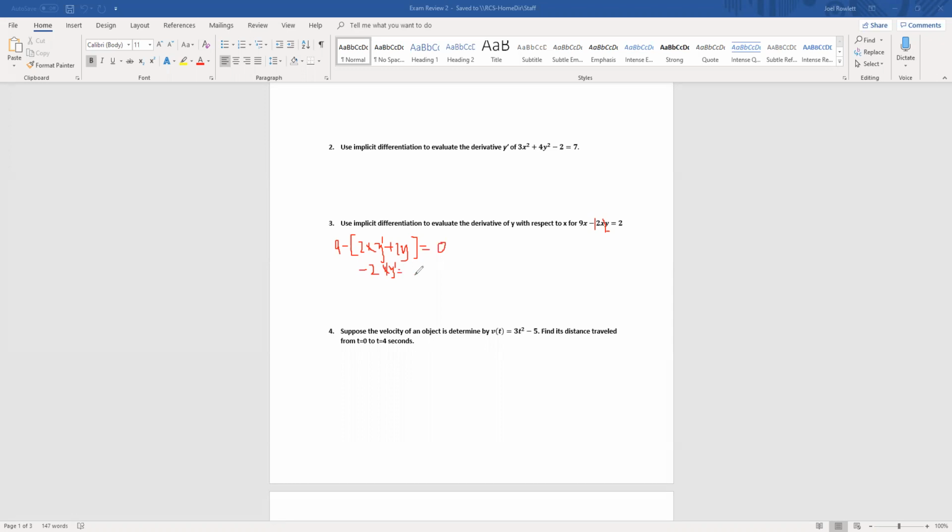And that's going to force me to take the -2y to the right side, and also take the +9 to the right side. So that's going to end up giving me 2y minus 9.